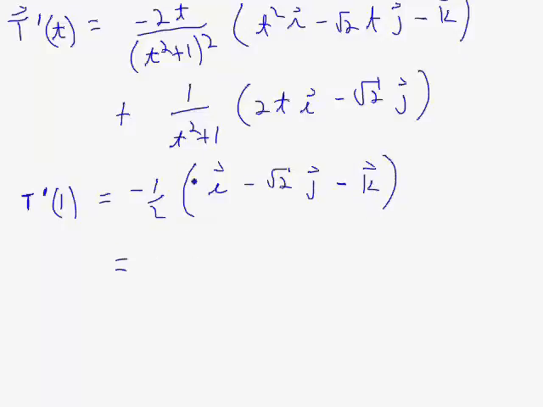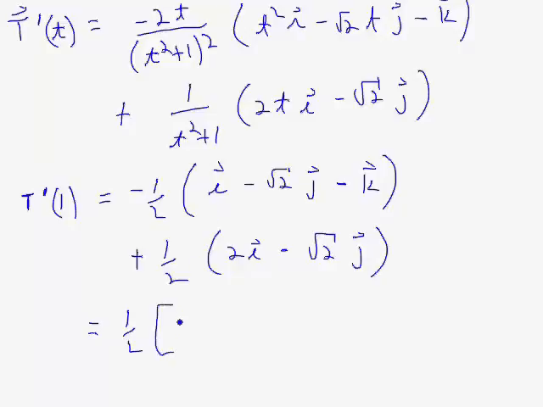And then here you get plus 1/2 times 2i minus radical 2j. And then if we factor out 1/2, that leaves me with negative i, all these change signs, plus radical 2j plus k.